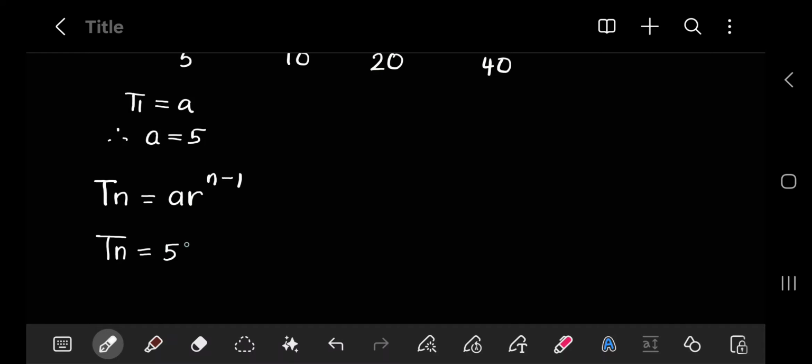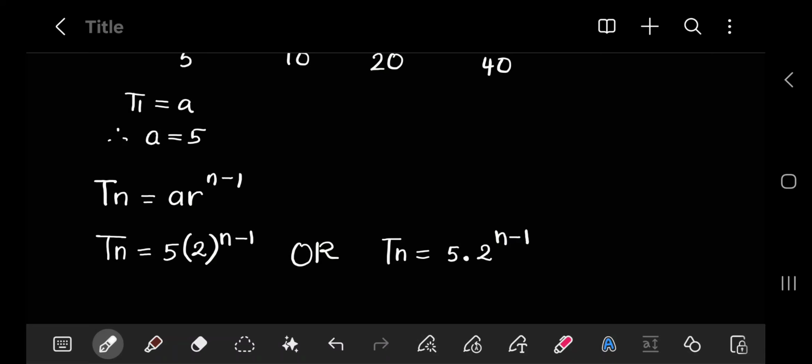A is 5. R is 2 to the power n minus 1. So you can have R in a bracket or not. If you write it without the bracket, 5 times 2 to the power n minus 1.